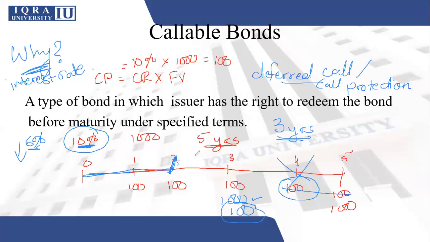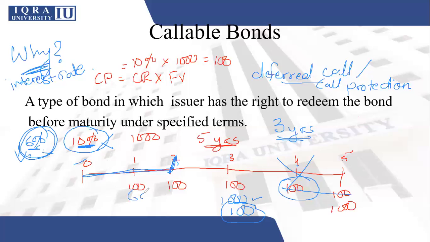The corporation is not going to do that. The corporation is simply going to call back the bond if it's not in the deferred call period. They're going to call back the bond and they might issue new bonds at the 6% rate. So they're going to end this bond, which was issued at the 10% rate, and for that they might issue new bonds at the lower 6% rate. So after this, they will have to make interest payments according to the 6% rate.